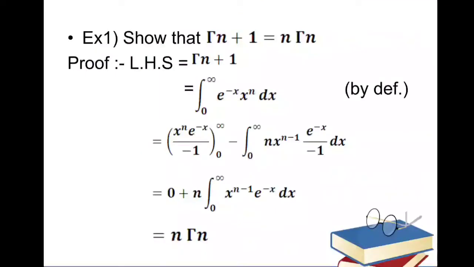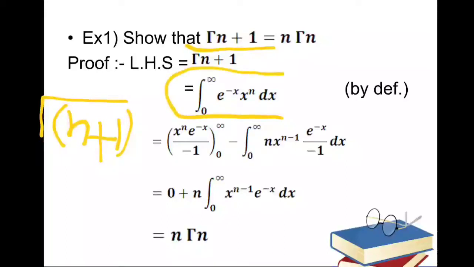We shortly discuss the proof of the first property, that is gamma of n plus 1 is equal to n gamma n. See here, the first term contains gamma of n plus 1. Now if we apply the definition of gamma function, then we get this term. And in this term we just use the integration by parts formula.